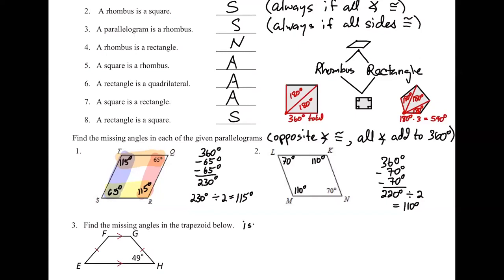Right? So isosceles trapezoid, because the non-parallel sides are congruent. Right? So that would be these two sides, this one and this one.